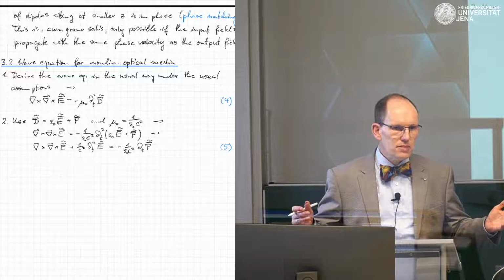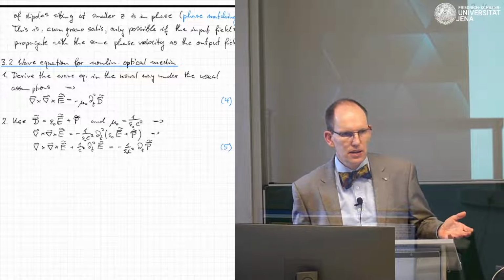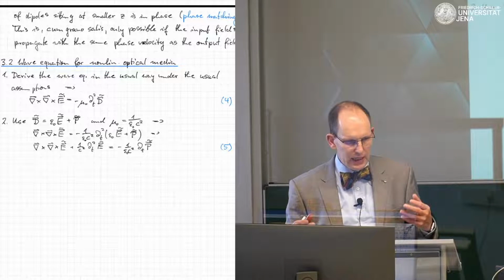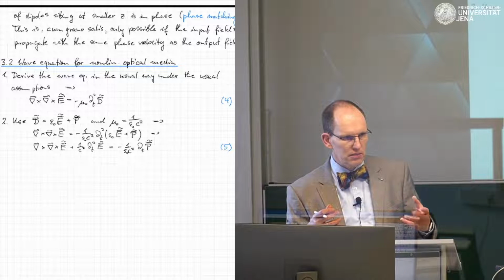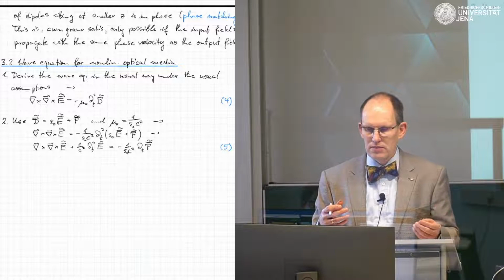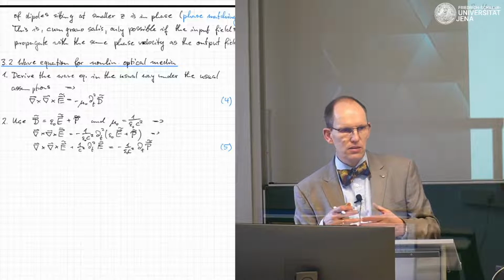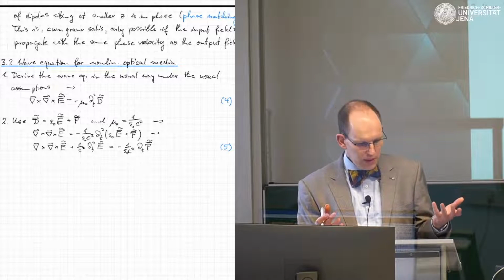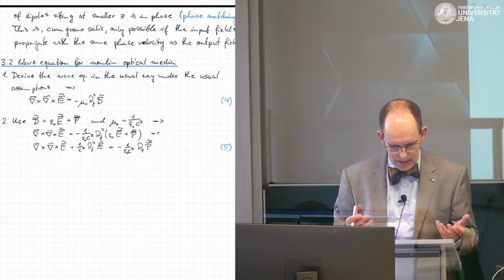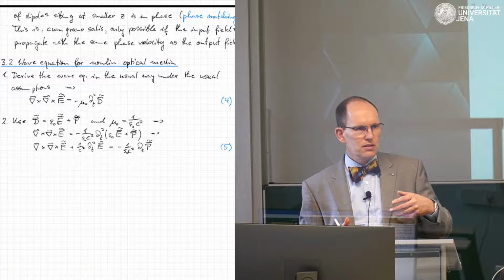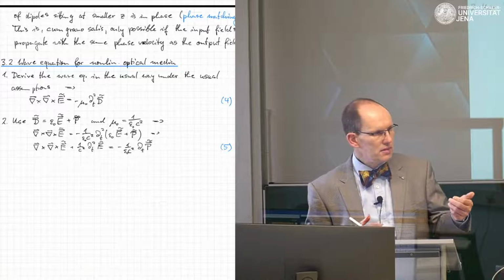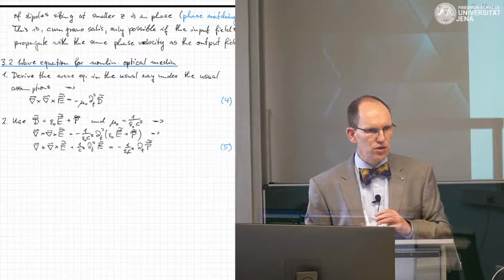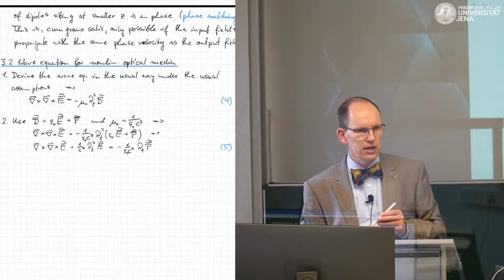The next thing, just as in linear optics, we kind of want to say that the curl of the curl of the E field can be simplified, and we use the famous BAC-CAB rule. But then we have to argue that the gradient of the divergence is equal to 0.